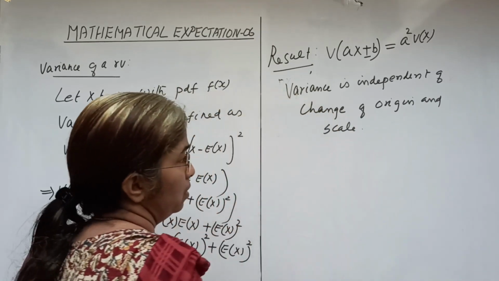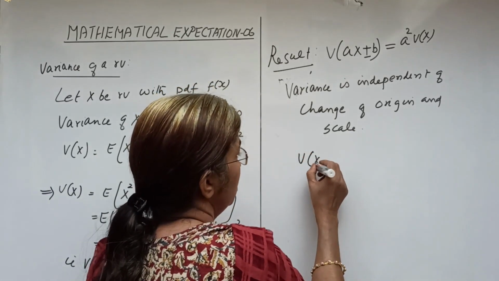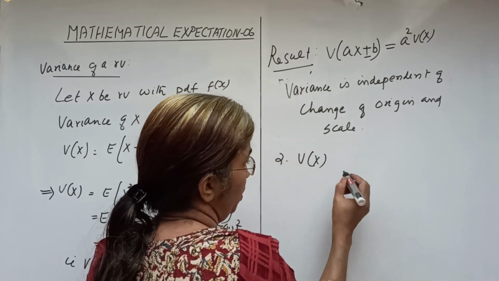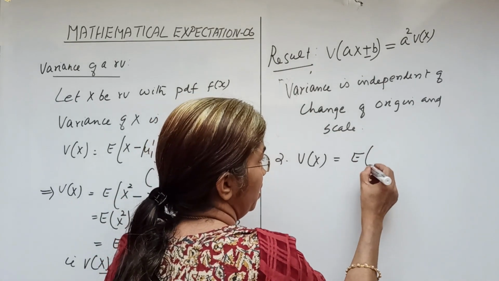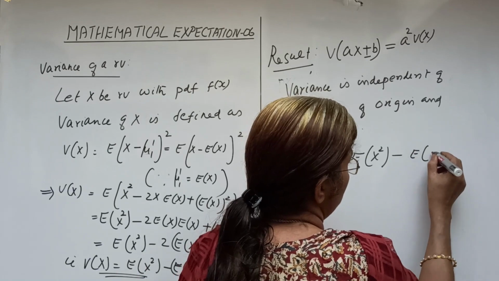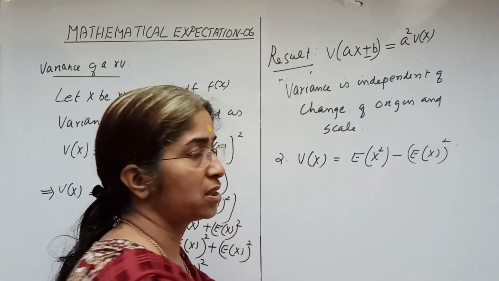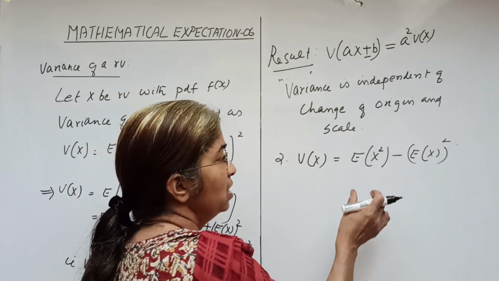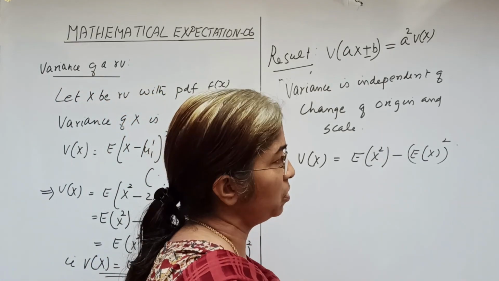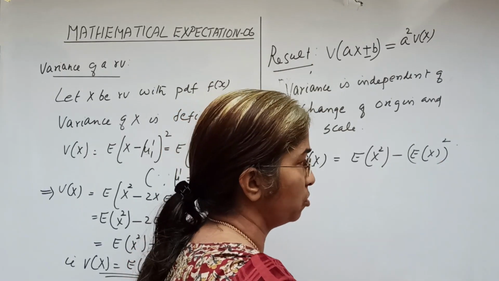Now, another one: variance of X is defined as expectation of X square minus (expectation of X) the whole square. If expectation of X exists, expectation of X square will always be greater than or equal to (expectation of X) whole square.